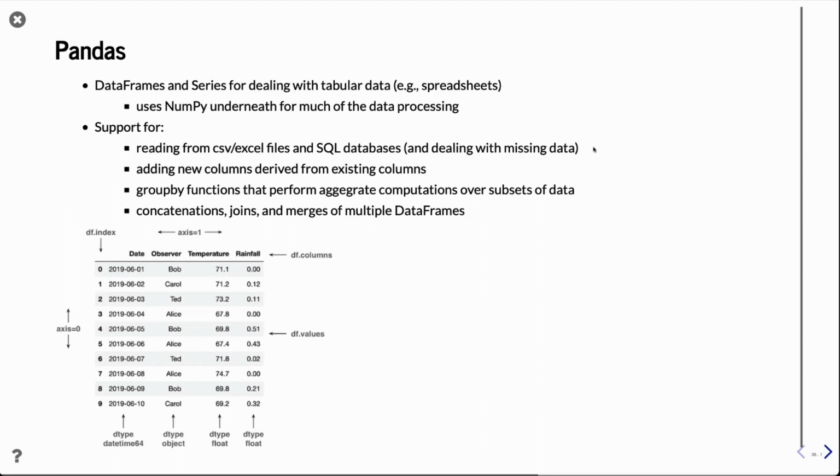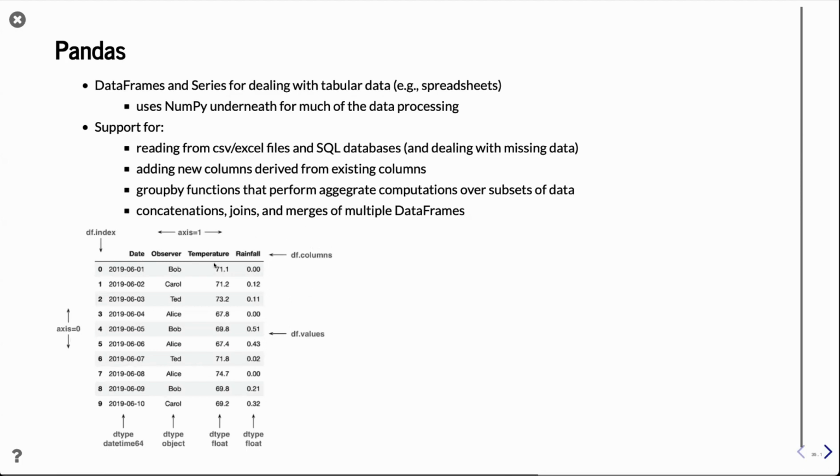It's also very useful in dealing with missing data, which often is the case in these kinds of data sets. There's support for adding new columns derived from existing columns, for grouping subsets of data in various ways that we'll look at, and then a lot of useful functionality for concatenating and joining and merging multiple data frames.